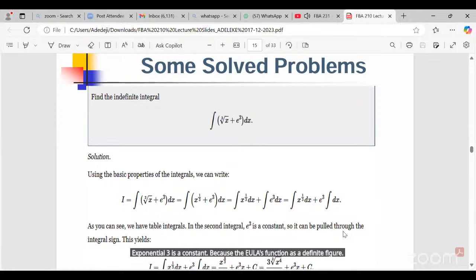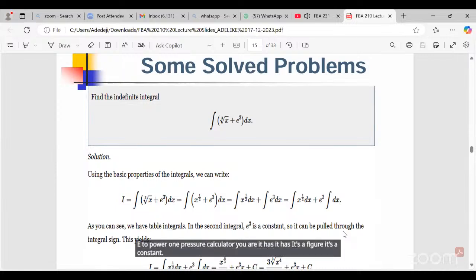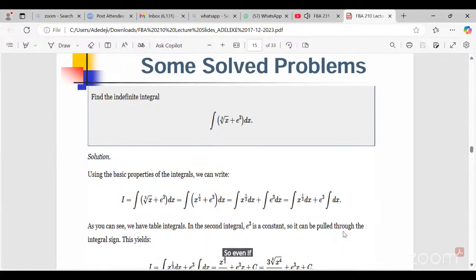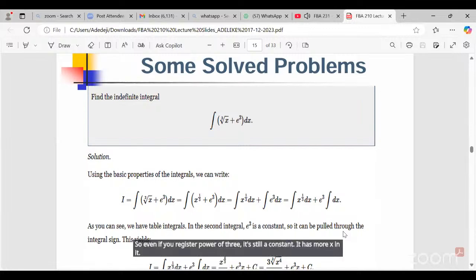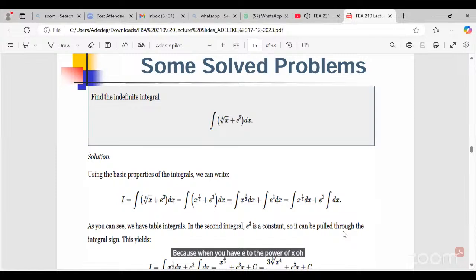E to the power of 1, you press your calculator, it's a figure, it's a constant. So even if you raise it to the power of 3, it's still a constant. It has no x in it. It is when you have e to the power of x that it becomes a function. So it's still a constant.